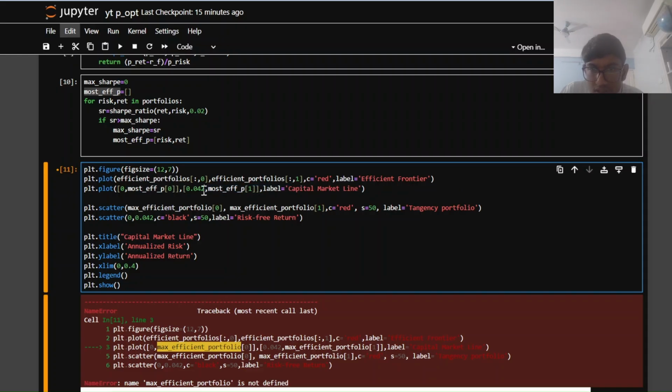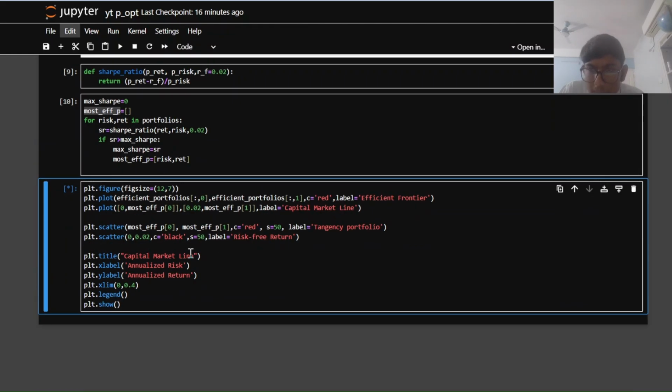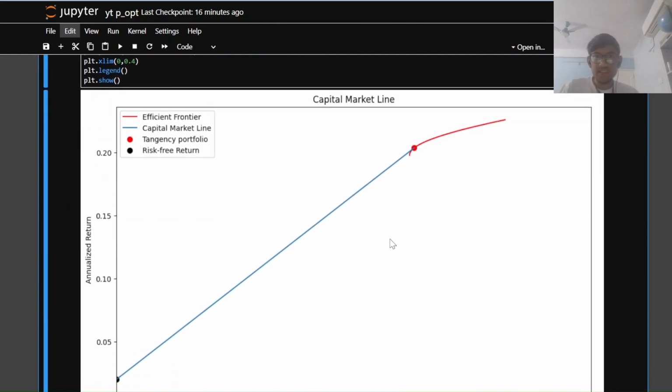And we are using the risk-free return to be 0.02 here as well. And I'll explain all these things, tangency portfolio and capital market line, in a few seconds. And nothing else, right?